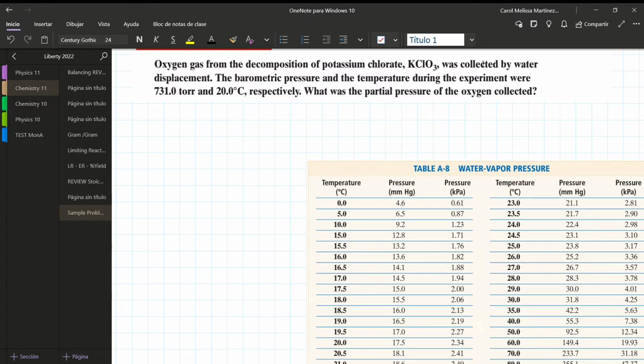Okay, first, what we need to see is what the problem is about. Okay, so we're talking about a reaction of the decomposition of potassium chlorate. Now, it says that the barometric pressure during the experiment was 731 torr and the temperature was 20 degrees.